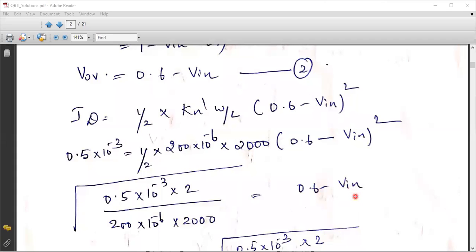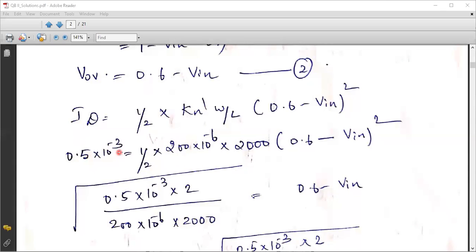Put your answers in the chat box. Remember, you need to go for conversion because the drain current is given in milliamps and Kn dash is given in microamps, so convert and then solve for V in.